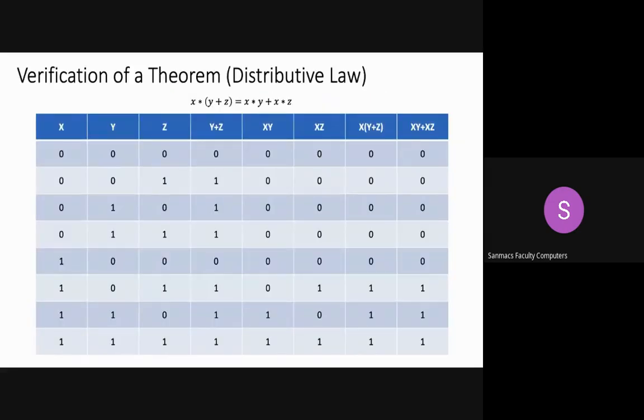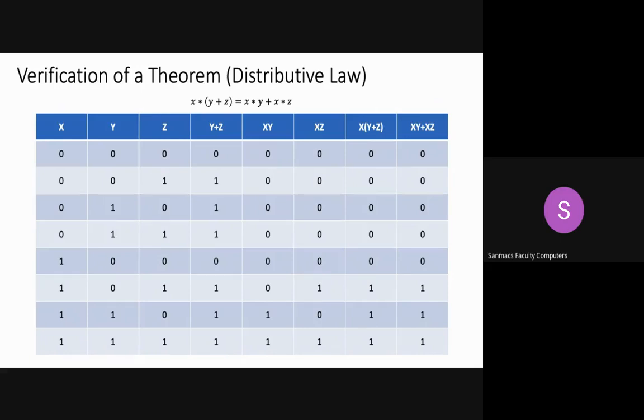So here's the verification of one of the theorems that we just saw on the previous slide. Here we're trying to prove whether the distributive law actually holds for Boolean expressions. I created this truth table where we have the three variables x, y, z, and then I wrote the combinations: y plus z, xy, then xz, then x times (y plus z), and ultimately the right hand side of the expression, which is xy plus xz.